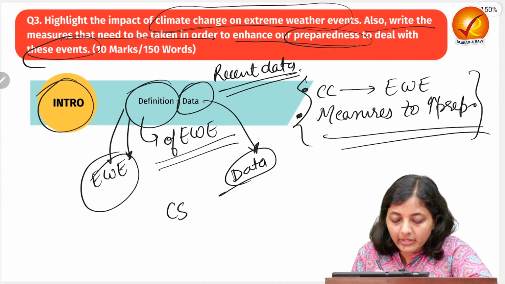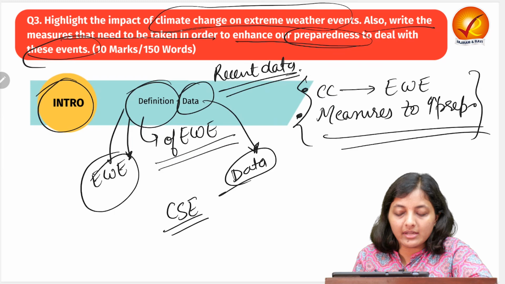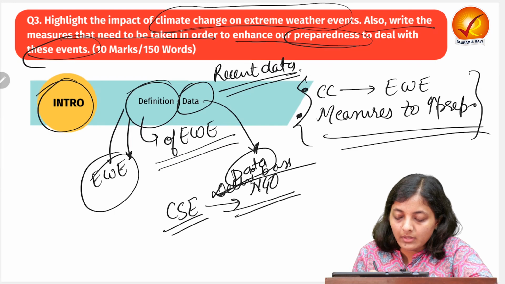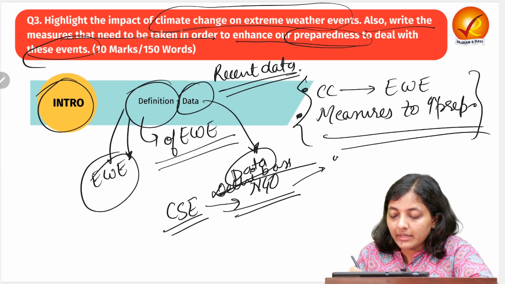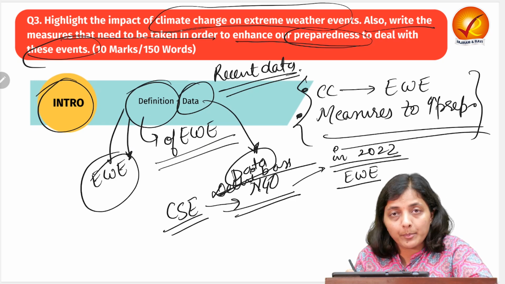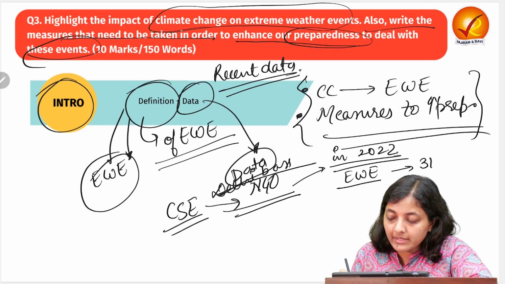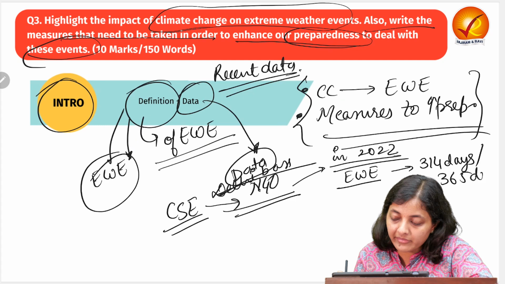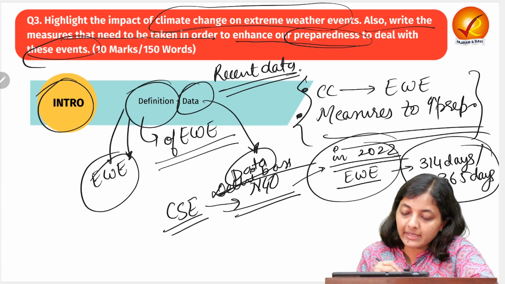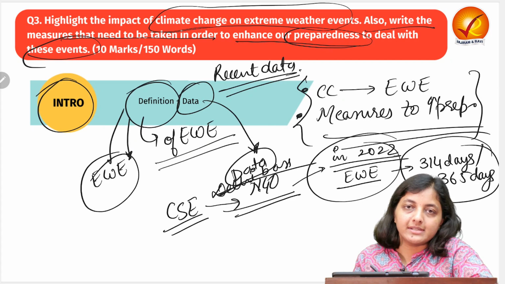Like, according to the Centre for Science and Environment, a Delhi-based NGO, it has tracked that in 2022, extreme weather events occurred on at least 314 days out of 365 days. So this is the data you can quote in the introduction itself.